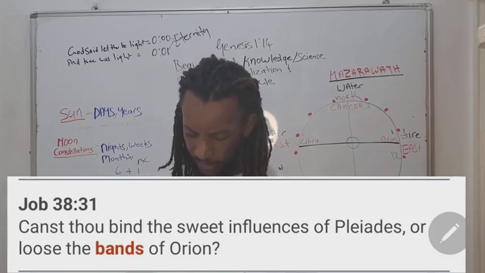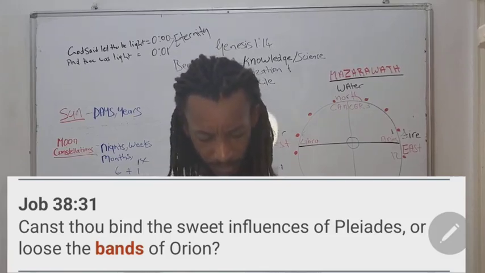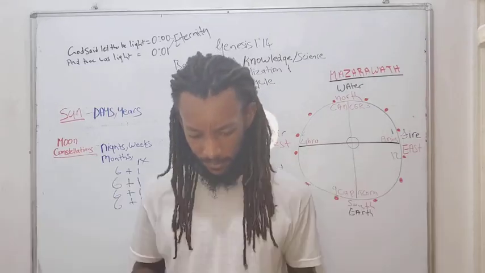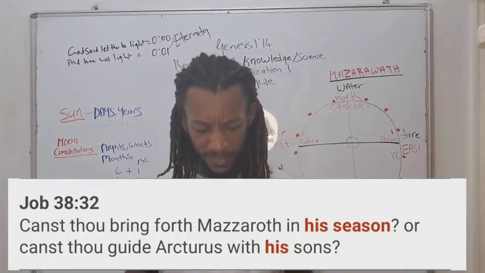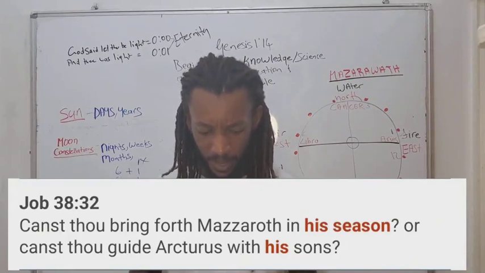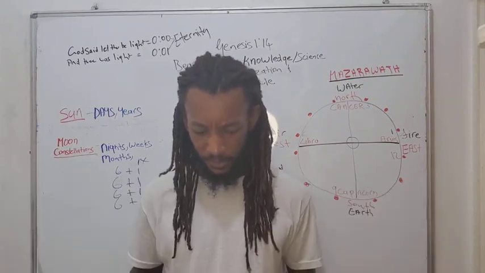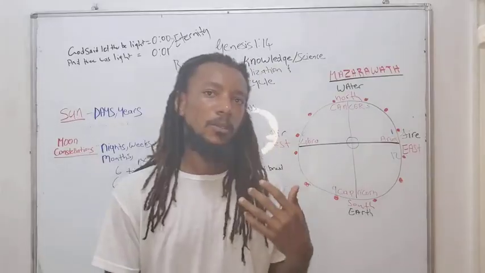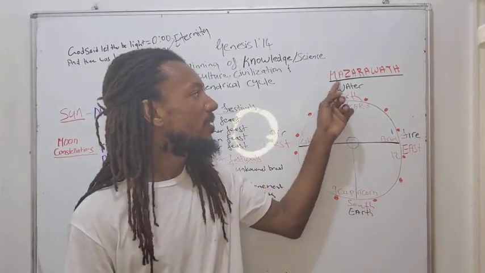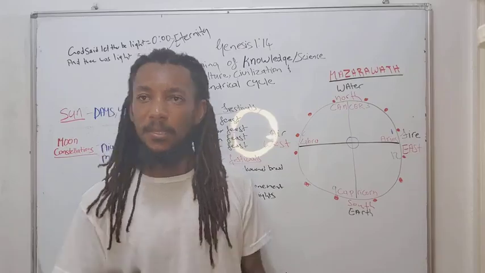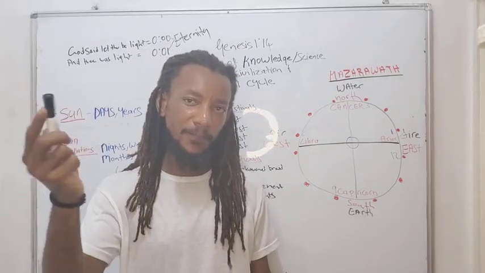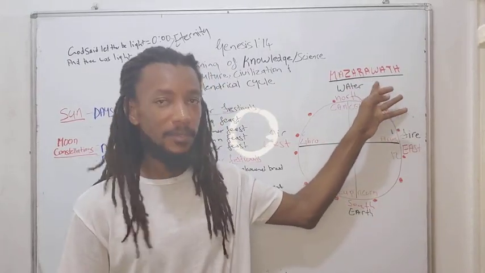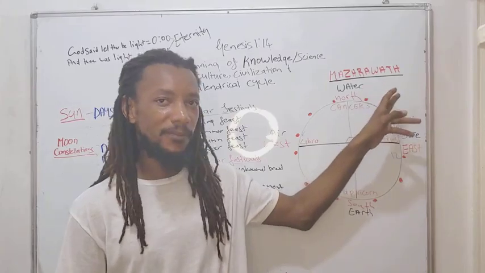He said, canst thou bind the sweet influences of Pleiades, or loose the bands of Orion? Canst thou bring forth Mazzaroth in his season? Or canst thou guide Arcturus with his sons? So we can see the Mazzaroth is talking about the circuit of the heavens, right? Which you call the zodiac. Yes, it's in the Bible and it's not witchcraft, right?